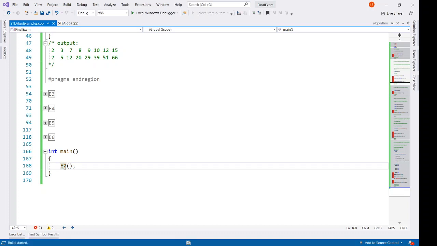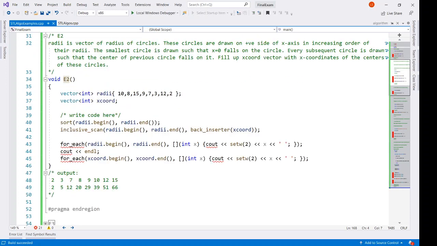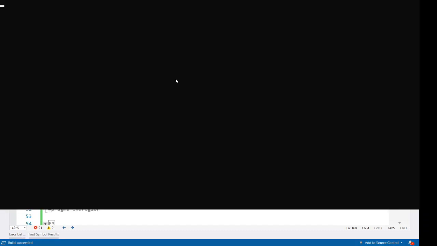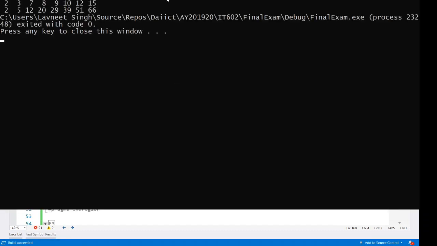So build first. Build is successful. These squiggles are still showing some bug, I guess, but anyways, we'll go ahead and run example 2. So if you see the example, it is matching with what we have been given.